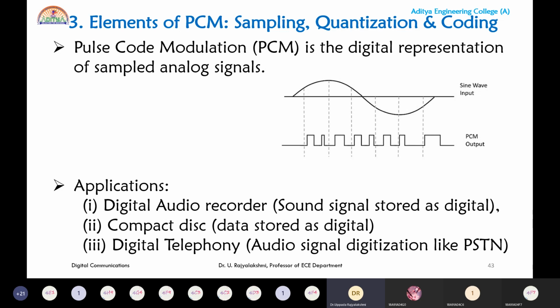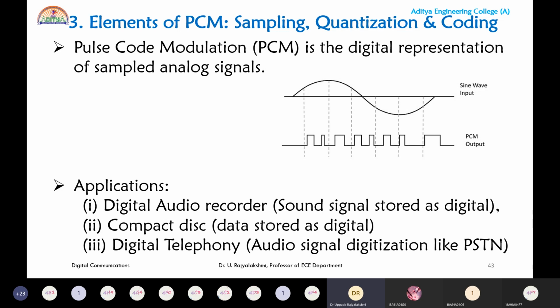We can convert an analog signal into digital by making use of three steps: the first one is sampling, the second one is quantization, and the third one is encoding. All these things we studied in the last classes, and anyhow we can discuss all of them in detail in the PCM module.